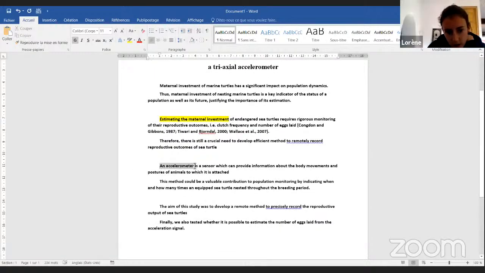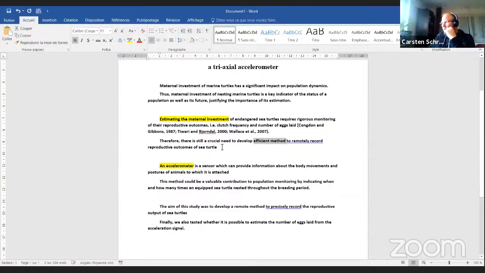I would say the topic is there, but it is not very clear from the previous paragraph. But there is efficient method. I mean, an efficient method to remotely record reproductive outcome is accelerometer.